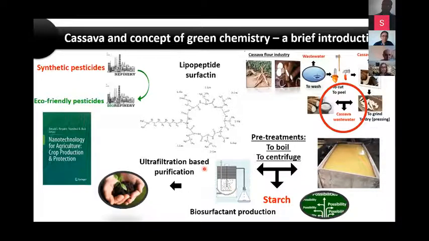But before running the fermentation process, the production process, we have to do some pretreatments. The most used pretreatment is to boil that and to centrifuge. When you boil that, you remove some cyanate, which is toxic, but at the same time, you intermix your starch.